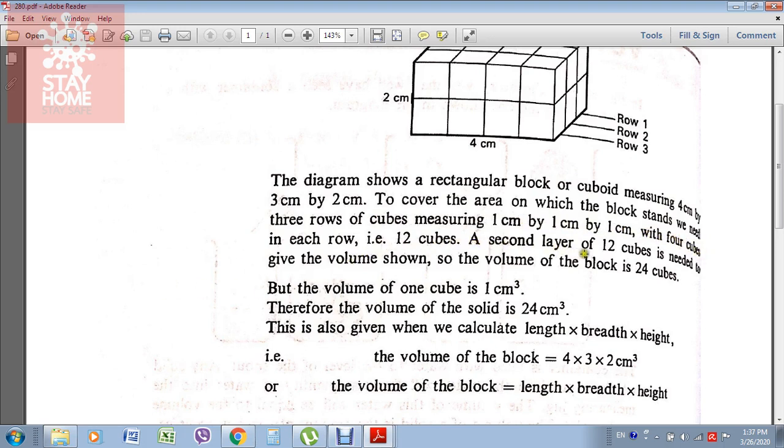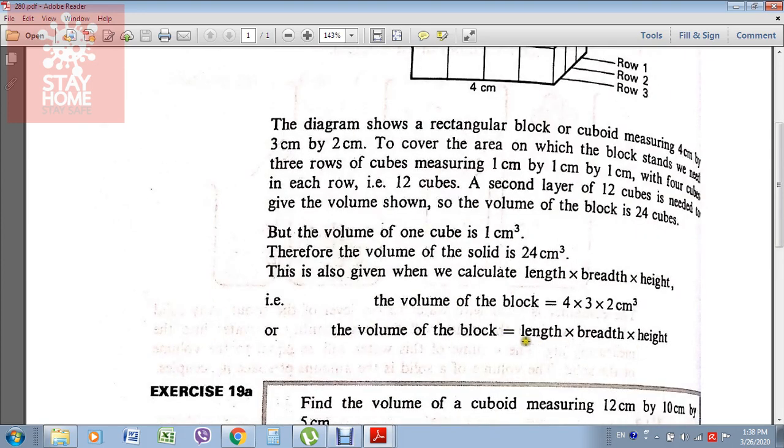A second layer of 12 cuboids is needed to give the volume shown. So the volume of the block is 24 cuboids. The volume of 1 cuboid is 1 cubic centimeter. So the volume of the block will be 24 centimeter cube. The volume of the block equals length times breadth times height.